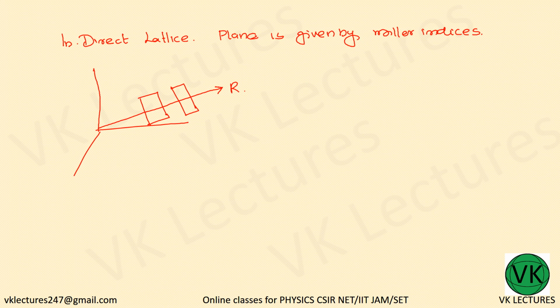So this represents H, K, L for the corresponding planes, and here you have A1, A2 and A3, and the distance of separation d_hkl is given by, if it is a cube, A divided by root of H square plus K square plus L square.